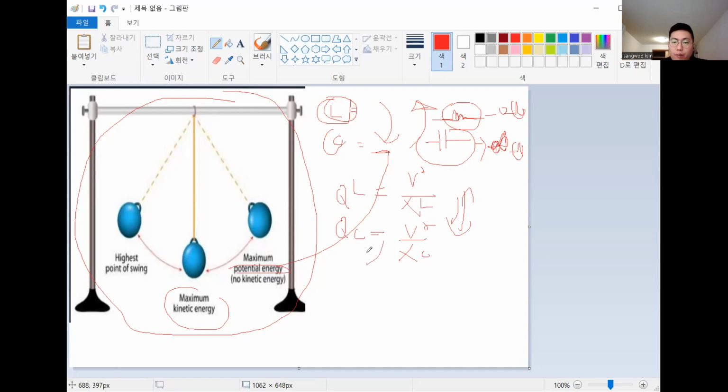Let's learn a little deeper. XL is omega L, and XC is 1 over omega C. Omega is 2 pi f, the angular velocity, so XL is 2 pi f L and XC is 1 over 2 pi f C. L is proportional to the frequency: when frequency goes up, the inductive reactance goes up.